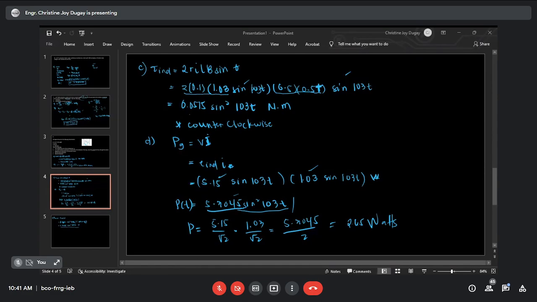Nasa number of turns pa lang po siya. Pero dun po sa may added na po yung KD po natin dyan. If you are going to multiply again with KD, you are going to use the NP, or that is the per phase turns already. Okay na po ba?